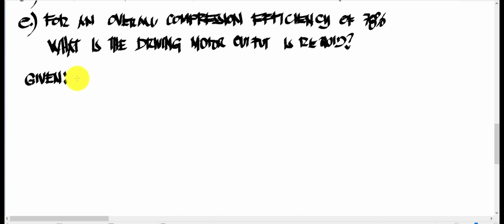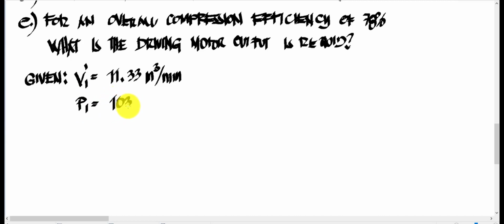We have the volume flow rate at point 1, V1 prime, which is 11.33 cubic meters per minute. Then we have the pressure at point 1 initially, which is 103.42 kPa.